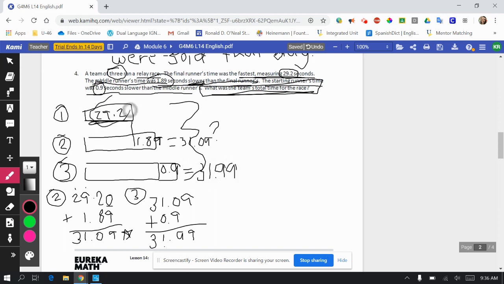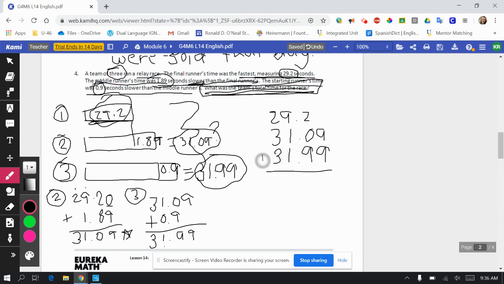So hopefully you can see this one's the fastest. This one is the middle. Took him more time. And this one, it took the most time. But now the question is, what's the total time for the race? So now we're adding together all 3 of the runners' times. A relay race is where they're working together. Each one of them has to run part of the race. You may have done this in PE class before.